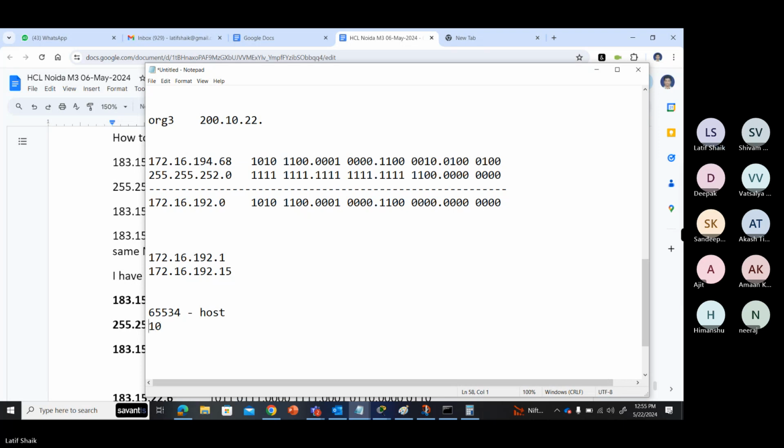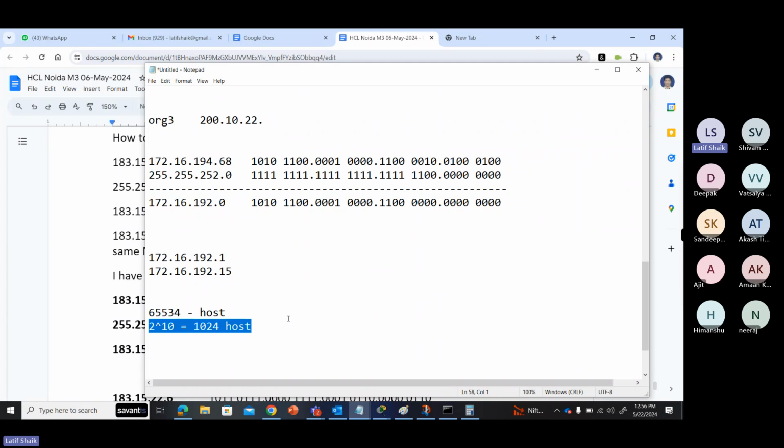So 2 to the power of 10 means 1024 hosts. From this many hosts to this many hosts, the network size is reduced.